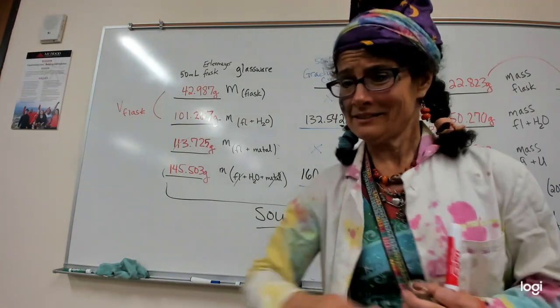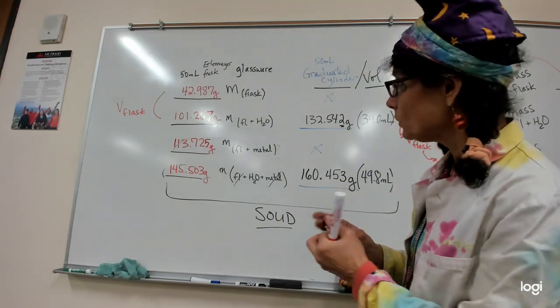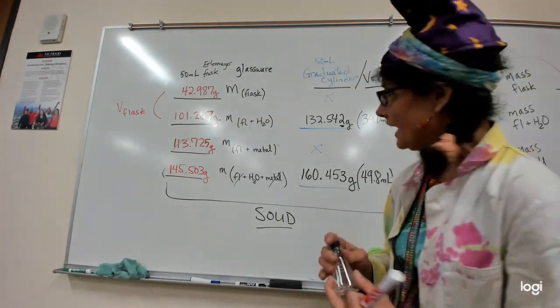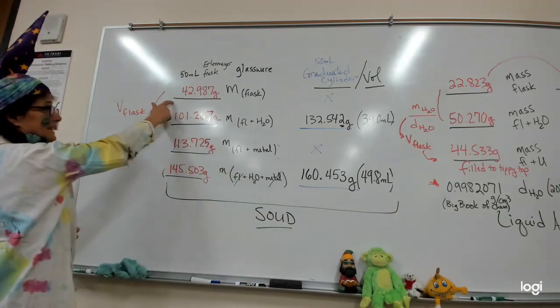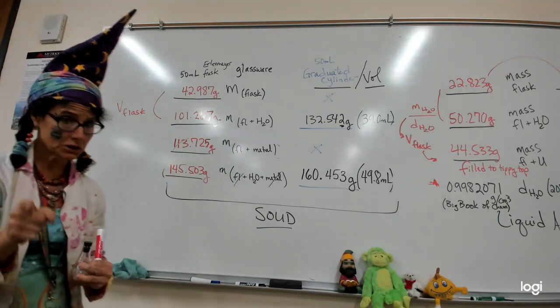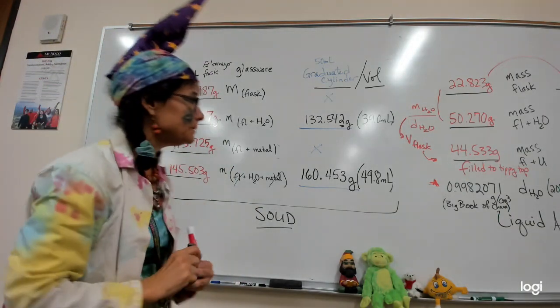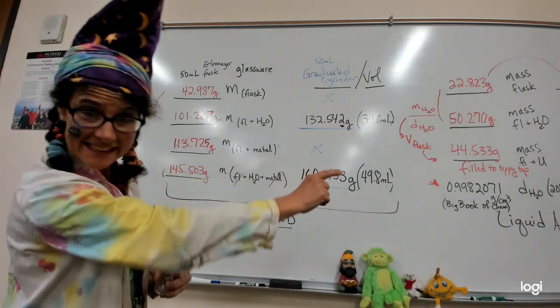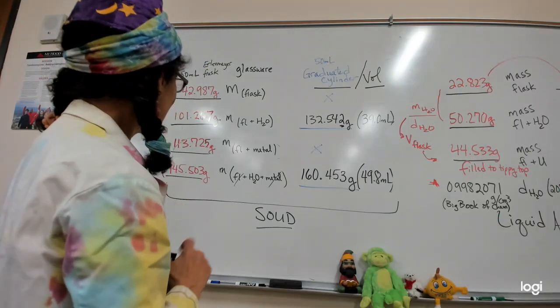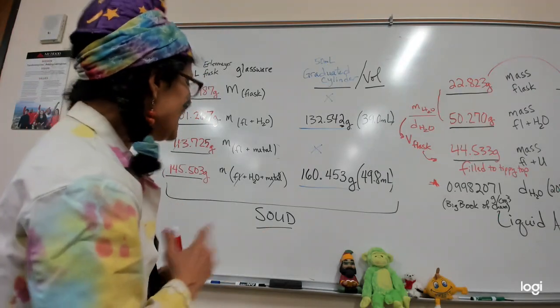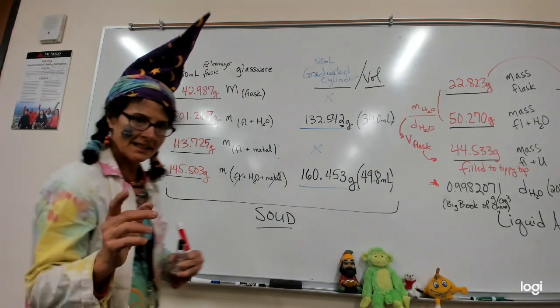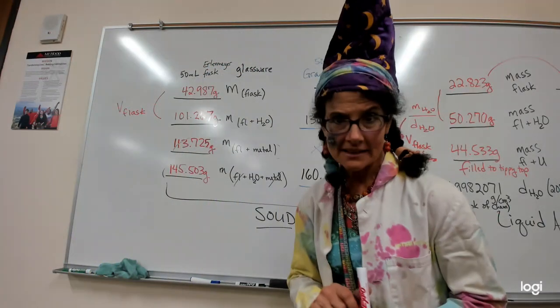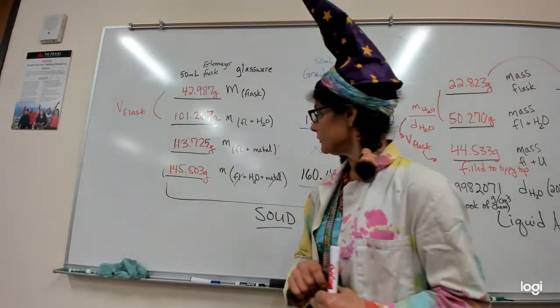But what we did with the cork on, always with the cork on, you fill it all the way with water, get the mass by subtraction, which will show the step, labeling all your pieces, divided by the density, same density as before, you'll know the volume of the flask. And then you just walk through the steps to find the mass of the metal and the volume of the metal.